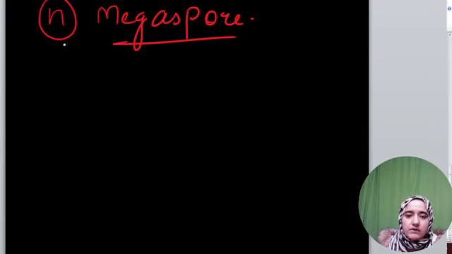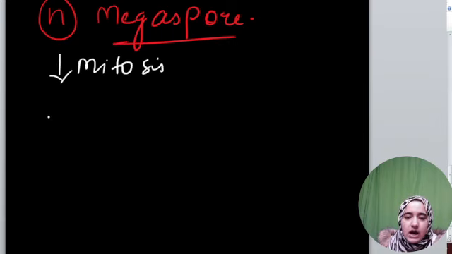See, it will undergo mitosis. After mitosis, it will form two nuclei, not cells, because cytokinesis won't take place. It will undergo continuous karyokinesis, but not cytokinesis. The cytoplasm will not be laid down, so they stay in one cell forming more than one nucleus.